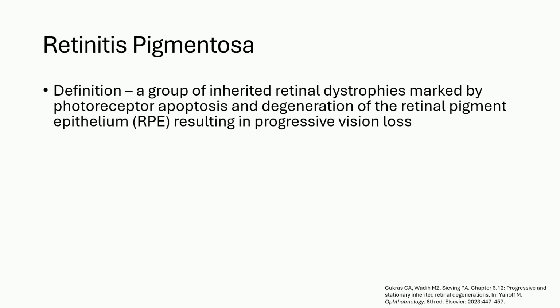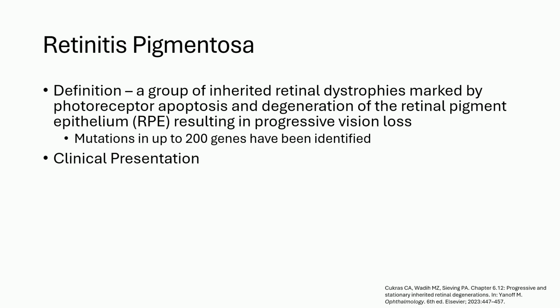It's a group of inherited retinal dystrophies marked by photoreceptor apoptosis and degeneration of the retinal pigment epithelium, resulting in progressive vision loss. And so there have been up to 200 different mutations identified in lots of different proteins, and each of those proteins sometimes can have multiple different mutations.